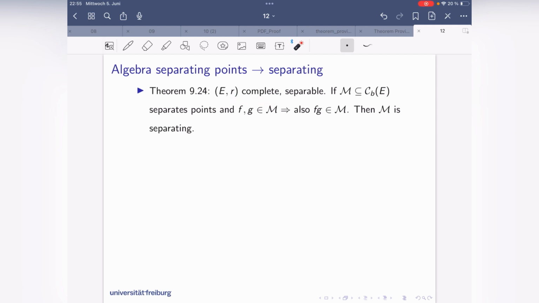E is complete and separable. So we have to somehow deal with this more general space. And we're doing this by seeing that single probability measures are tight, which means we can find compact sets which carry almost all mass.